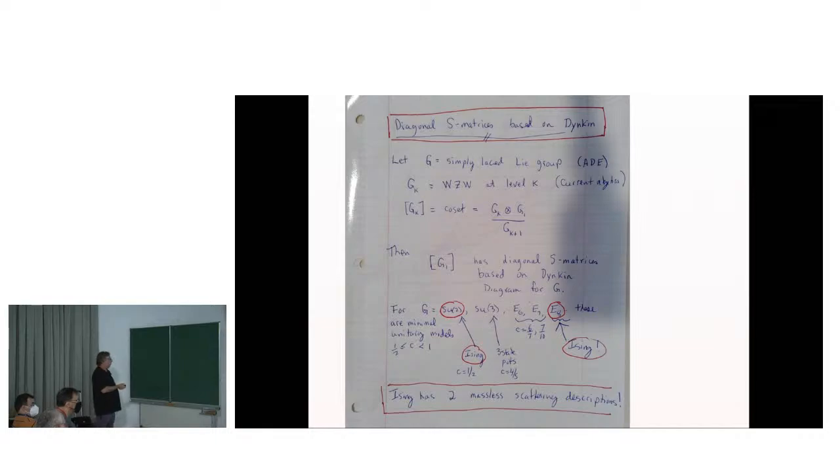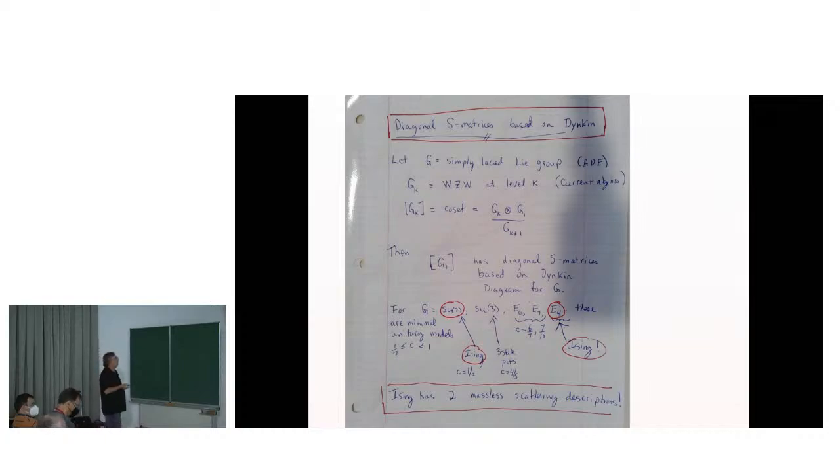So I'm going to let G here be just a simply laced Lie group, ADE type. Here's my notation. G_K was the Wess-Zumino-Witten model at level K, just the current algebra. And G_K with this square bracket is going to refer to this coset.